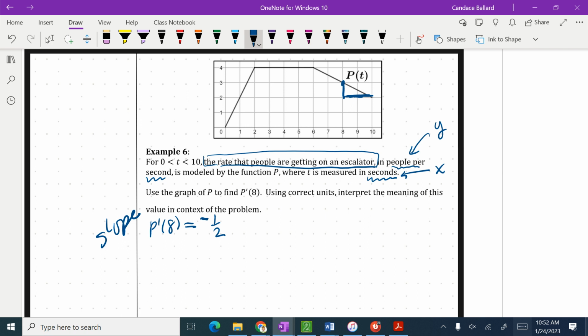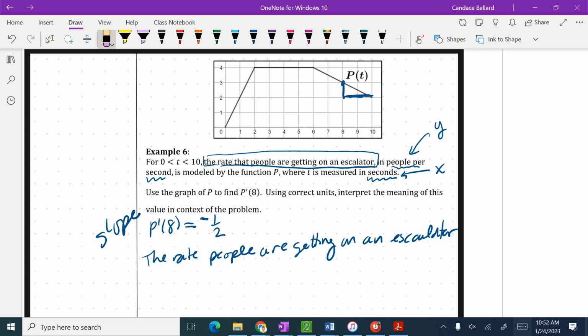All right, so this one we're going to say the rate people are getting on an escalator, and if you misspell it, just like I just did, they don't count off for that. It's not a spelling test, okay? And then we go is.